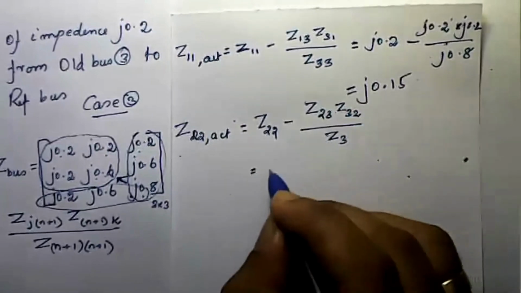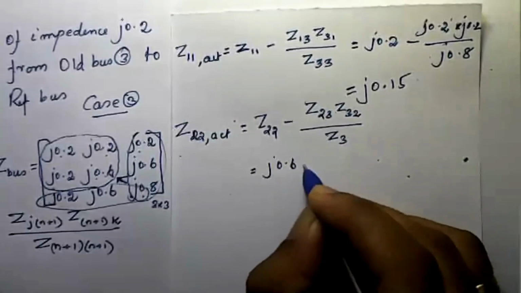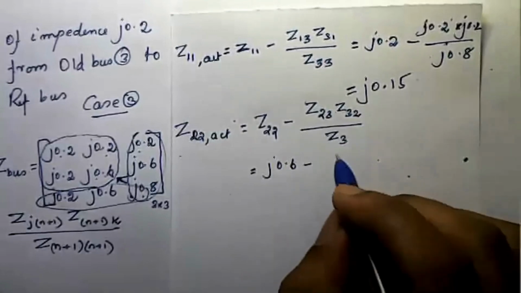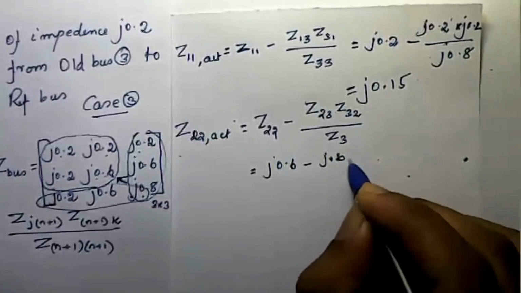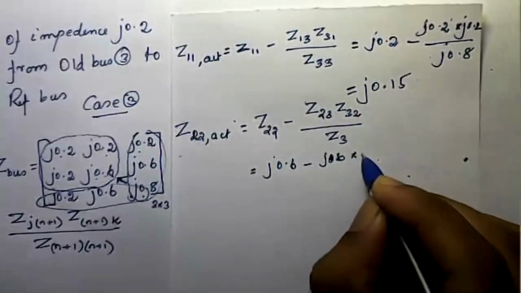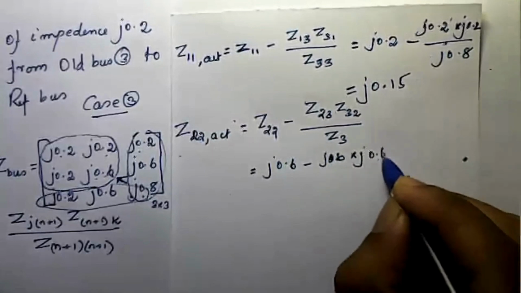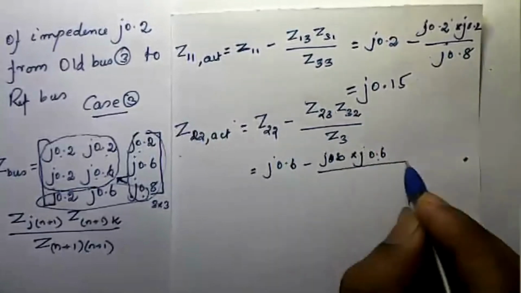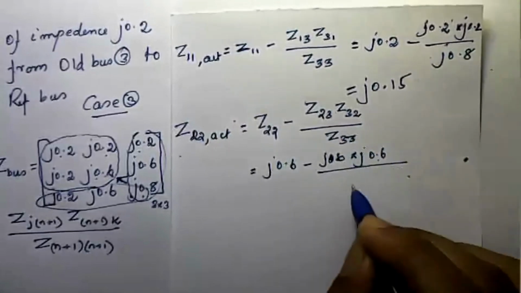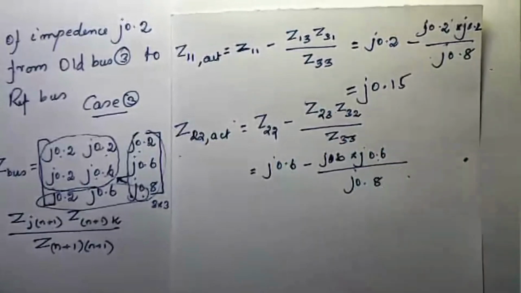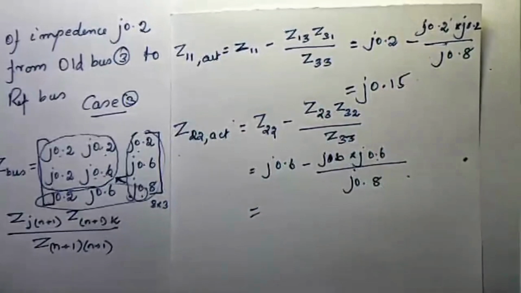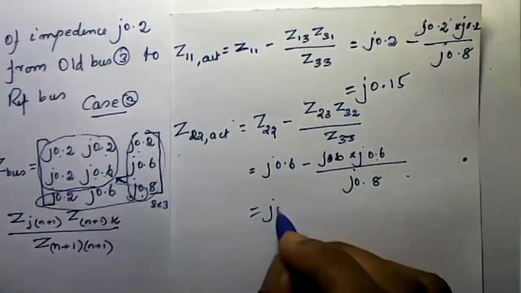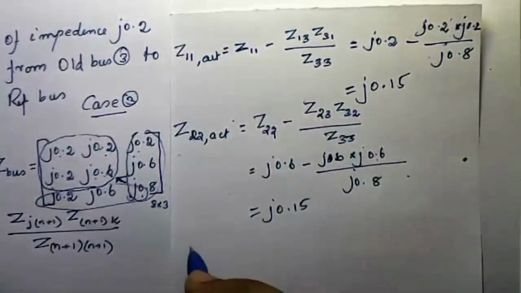Z22 value J0.6 minus J0.6 into J0.6 divided by Z33, J0.8. The answer is J0.15.